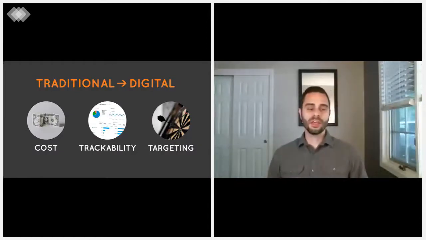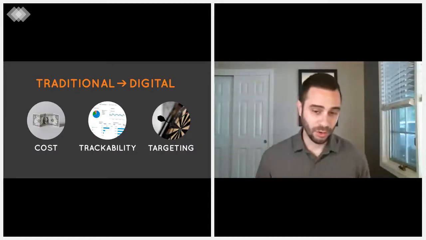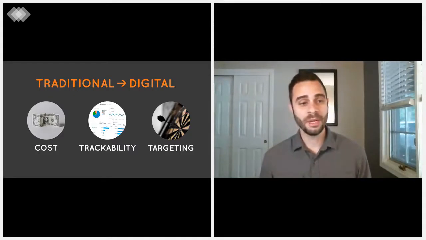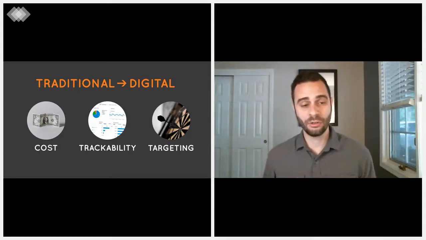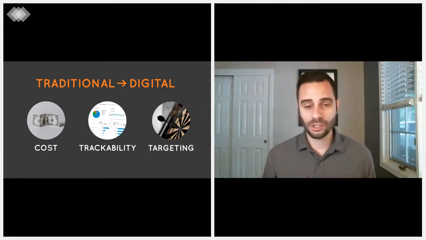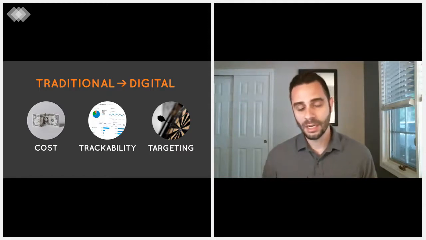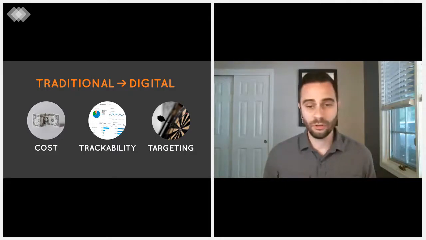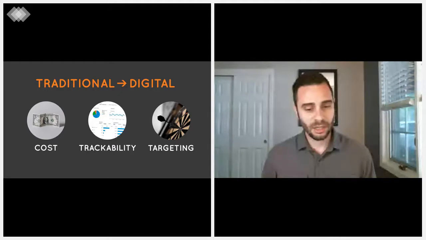So as an agency, where we've seen organizations shift from traditional marketing to digital marketing is really focused around kind of three key areas. The first one is cost. What we've seen with traditional marketing is that there are fairly high barriers to entry in many cases.